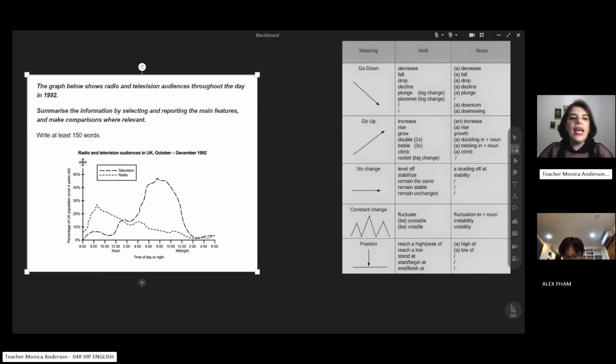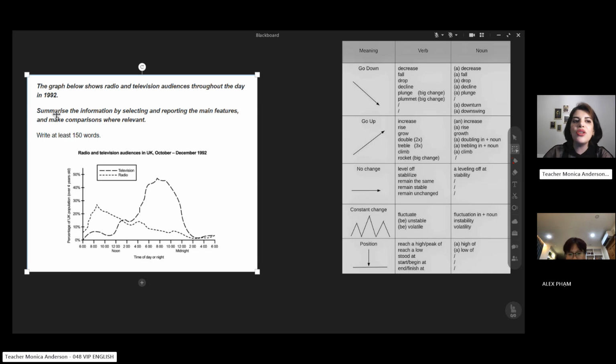Let's talk about the different parts of this diagram. We have 2 axes, horizontal and vertical, and each of them indicates some information. We have lines, and each line is related to one topic and numbers.